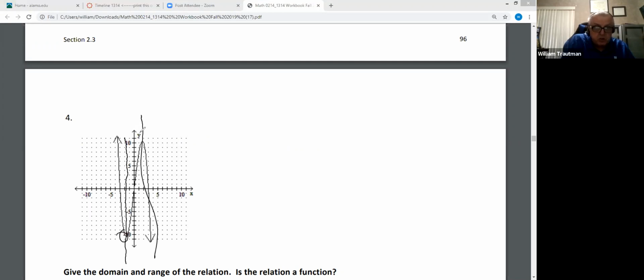If I drew another vertical line, you see how it only touches one spot? Here, I'm going to draw a vertical line, and if you go here, it touches only one spot. So any vertical line will only touch one spot on the graph. So yes, this is a function.